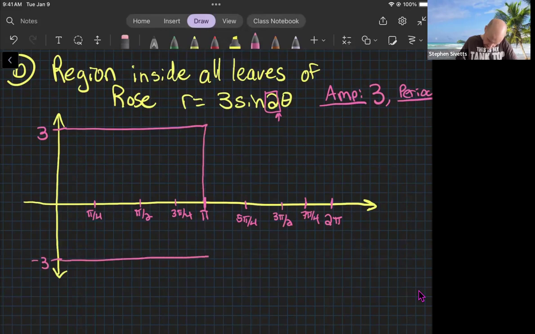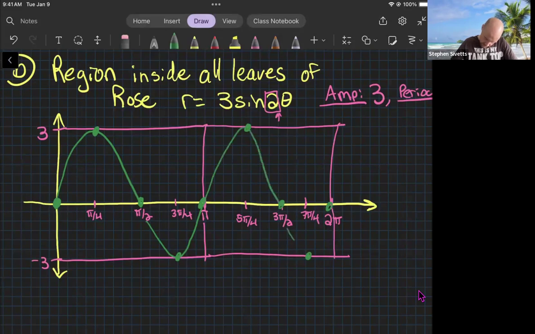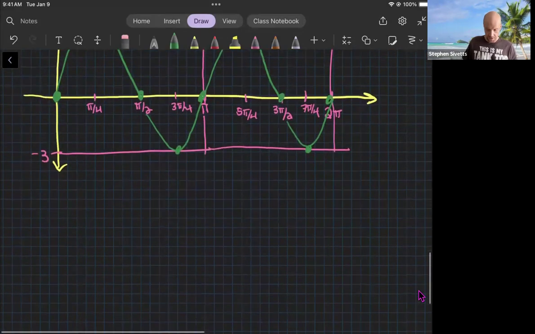So this will be 1 period, and then another period is here. And then we're going to plot sine of 2 theta. So it'll look like this. Connect the dots, just like this. That's how you draw out the sinusoidal curve for 3 sine 2 theta.